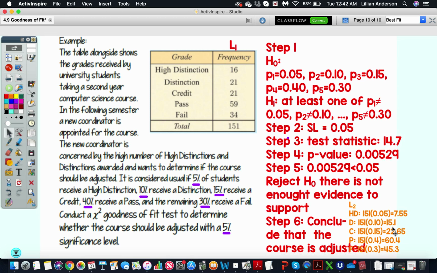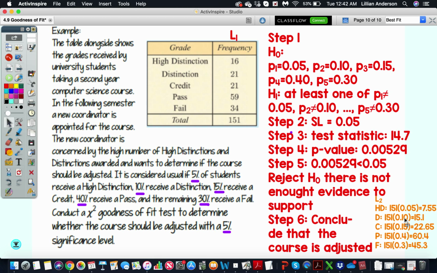Again, when we reject the null hypothesis, that means there's not enough evidence to support that there is the balance of the usual 5%, 10%, 15%. So that means there's a possibility that at least one of them does not equal those given probabilities.